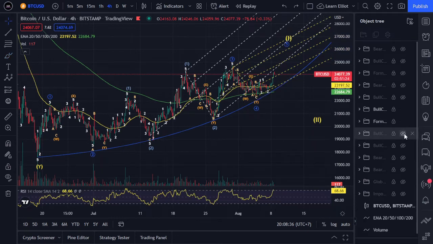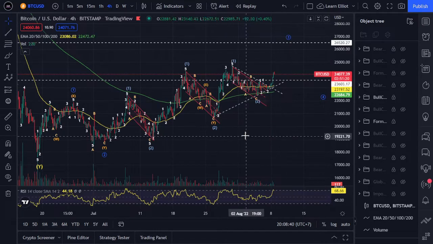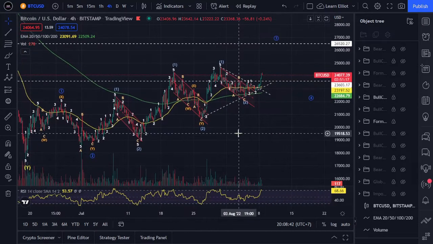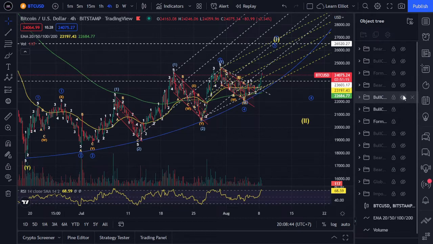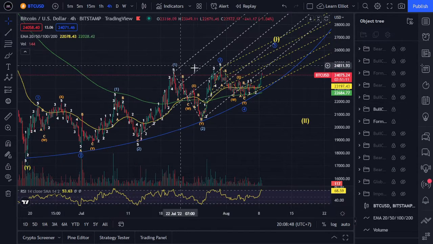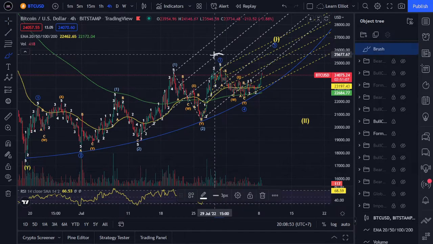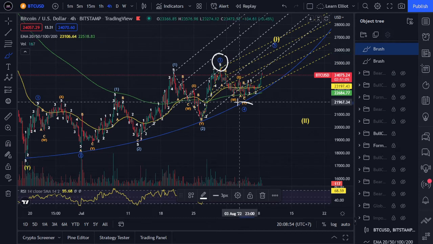So let's take a look at the second bull case scenario in the 4-hour time frame that I have. It's actually the same, but let me show you this. In this fork channel bull case scenario, I already assumed that wave 3 here is complete, and we also already completed wave 4 here.